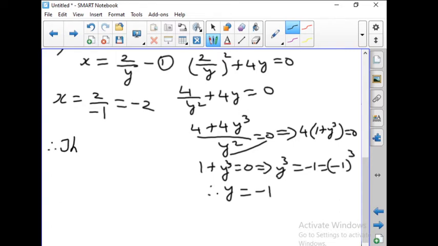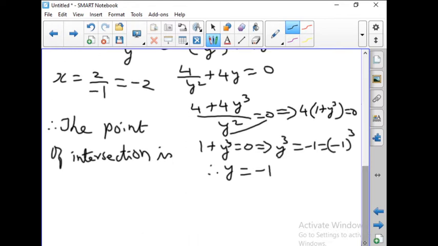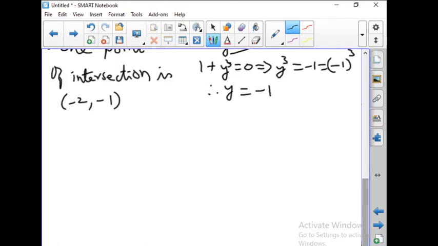Therefore, the point of intersection is minus 2 comma minus 1. Is it clear?